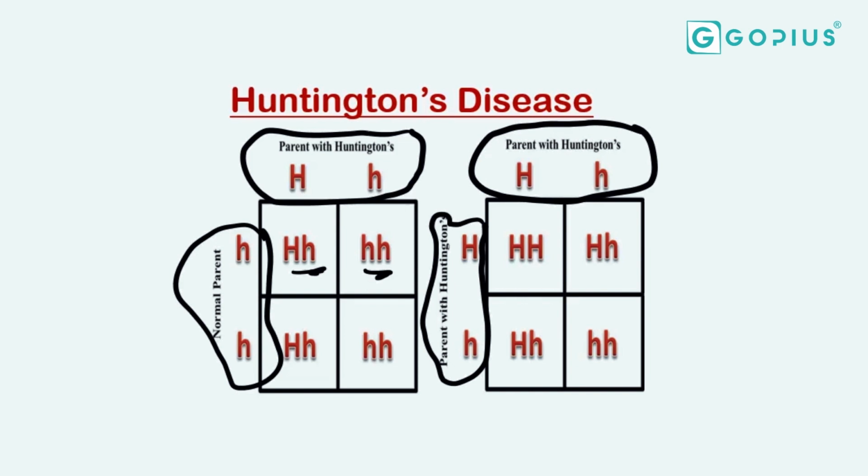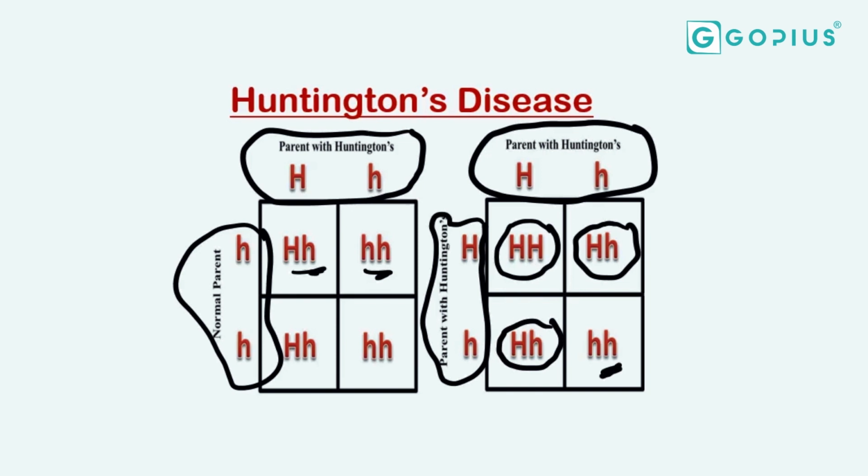All right, so we're going to do the crossing. Capital H with capital H gives you a child that is suffering from Huntington's disease. Capital H with small h gives you a child suffering from Huntington's disease. Small h with capital H still gives you a child suffering from Huntington's disease.